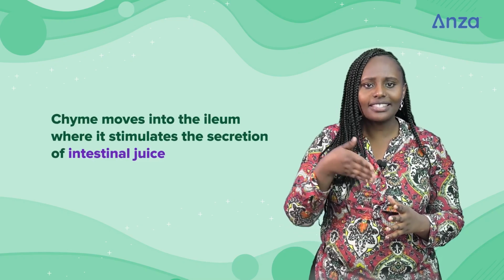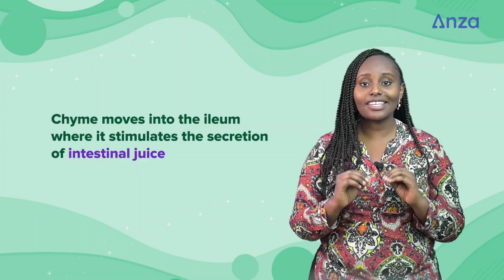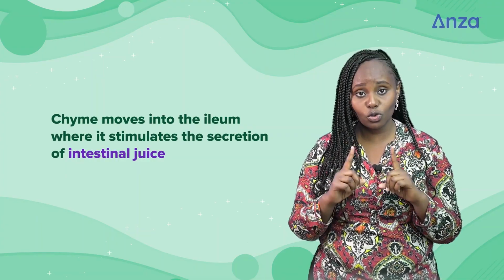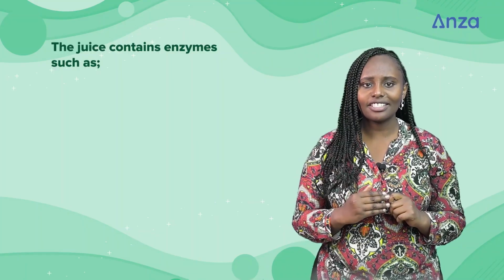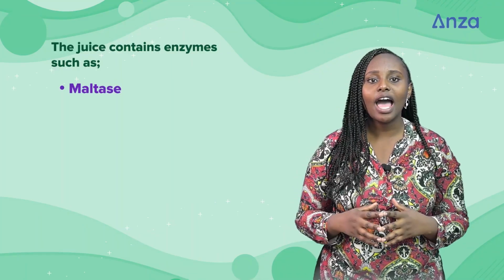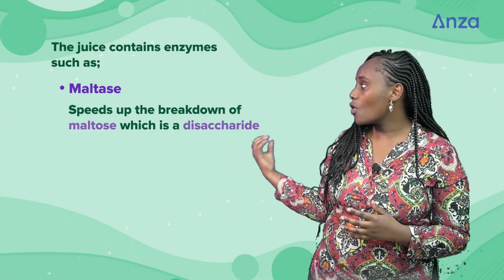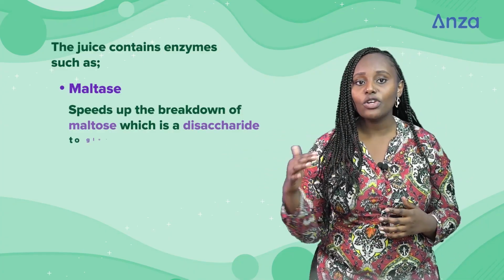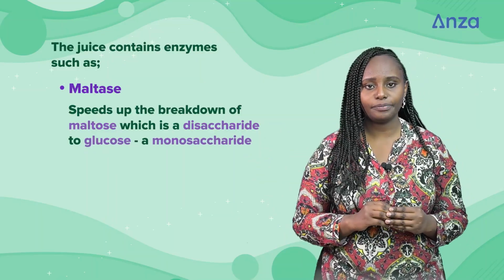Chyme now exits and moves into the ileum, where it stimulates the secretion of intestinal juice. The juice contains enzymes such as maltase, which speeds up the breakdown of maltose, which is a disaccharide, to glucose, which is a monosaccharide.